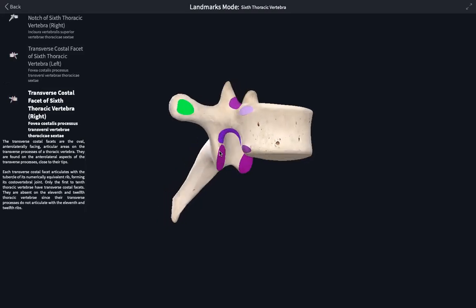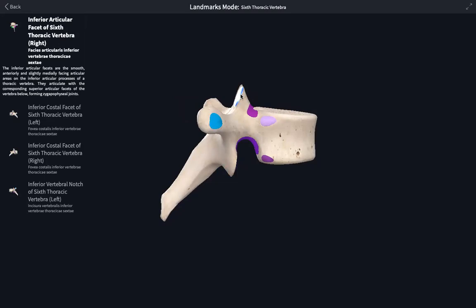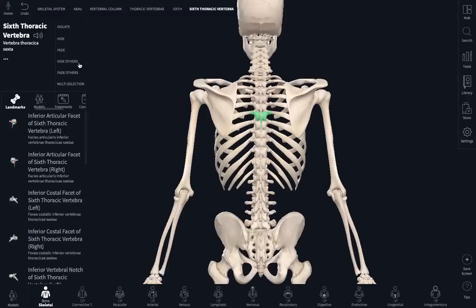Now, at this point, it fuses with the vertebra below it. The vertebral bone below it will join here. And at this point, it joins with the vertebra present above it. I will show that to you all. Give me a minute. We will do multiple selection and we will see this.